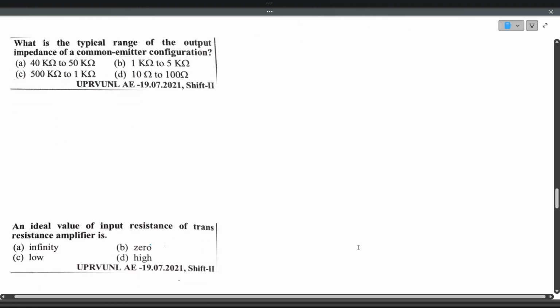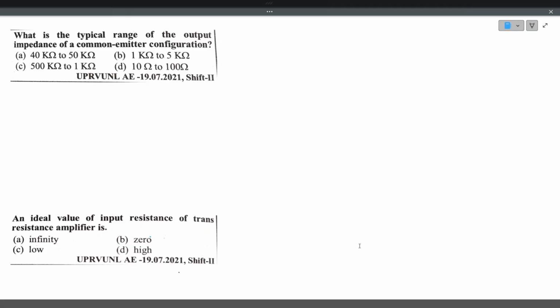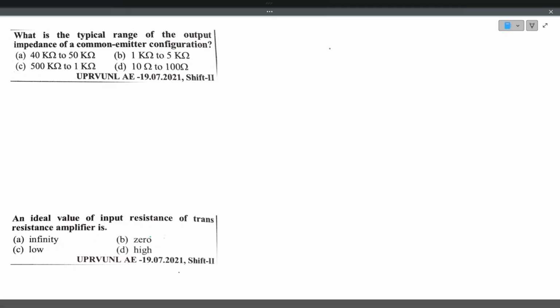Coming to the next problem: what is the typical range of the output impedance of the common emitter configuration? We have to see the typical ranges of the common emitter, but along with it we'll see the common base and common collector also. Typical values: first comes input resistance.